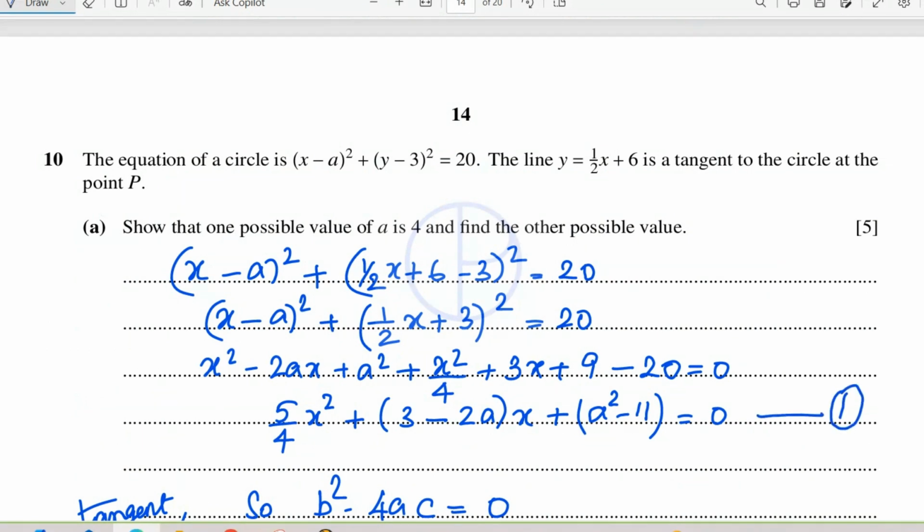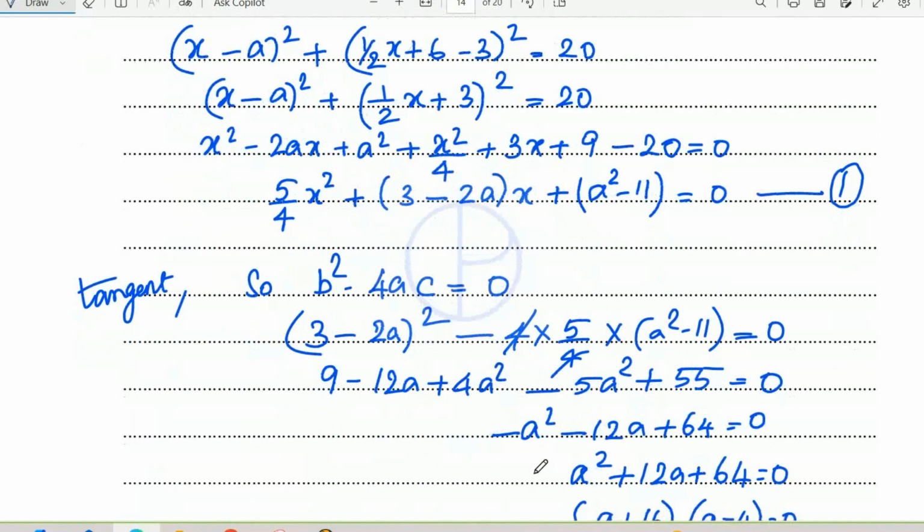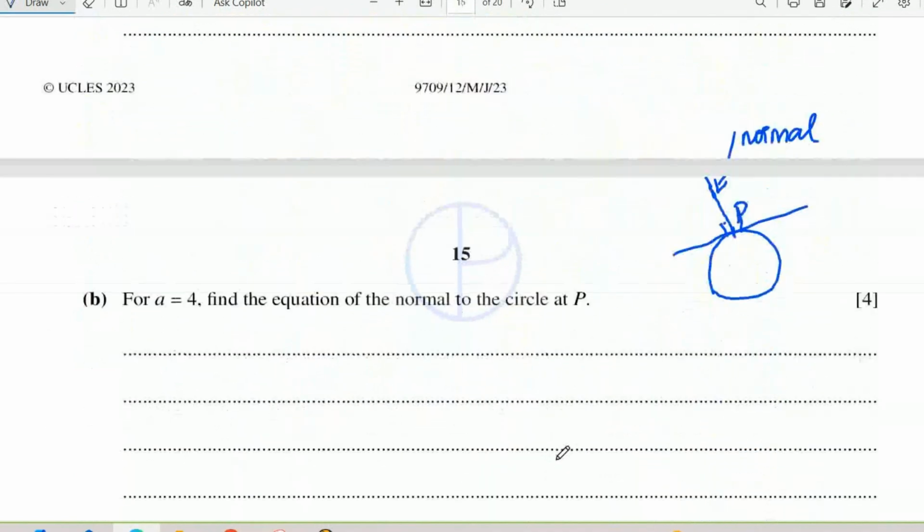So let's use this expression. (x minus a) the whole square plus (1 over 2 x plus 6 minus 3) the whole square equal to 20.